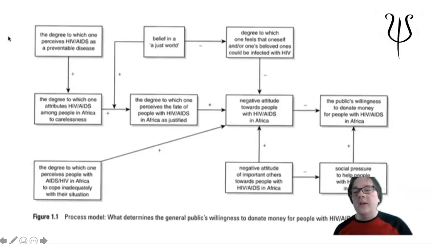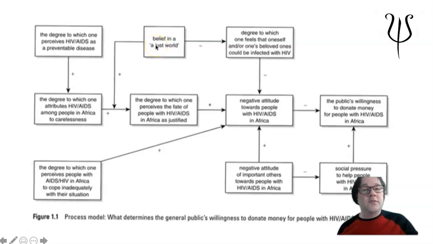From that, we see the degree to which one attributes HIV/AIDS among people in Africa to carelessness. And from there, we have the degree to which one perceives the fate of people with HIV/AIDS in Africa as being justified. And you can see, if I move my mouse here, we also have another variable that comes into play, belief in a just world.